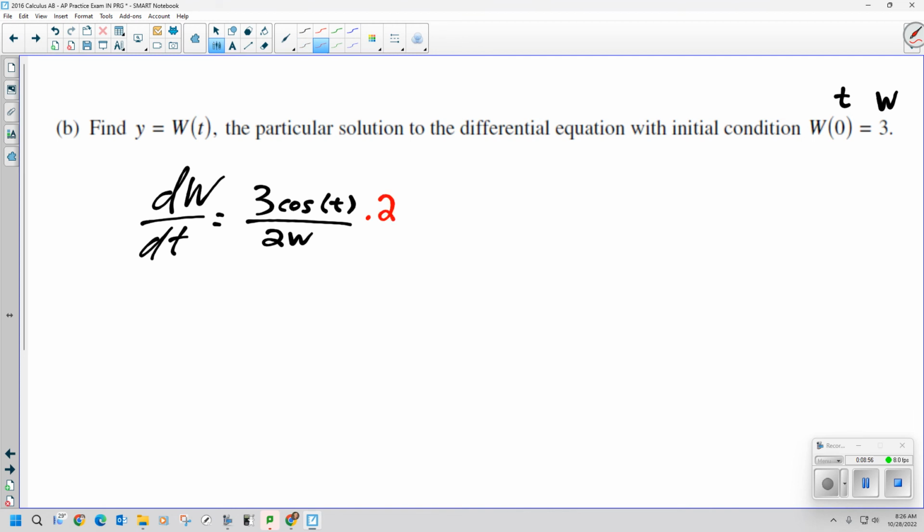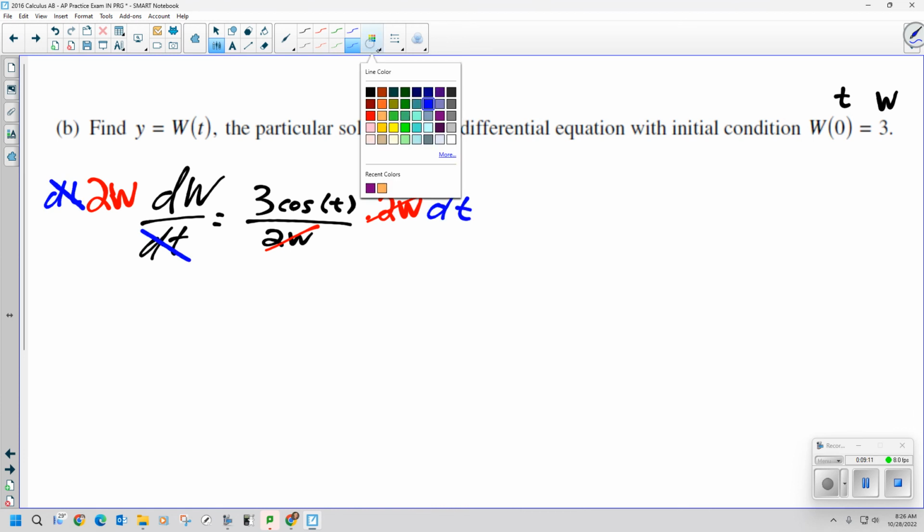Let's multiply both sides by 2w. So this side gets multiplied by 2w. Now let's multiply both sides by dt. So let's write what we have right now.